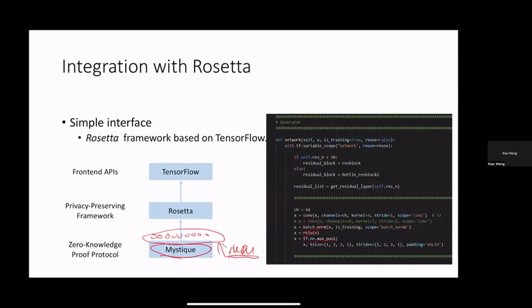Once we expose the operators that allow the cryptographic operations, then Rosetta can take the neural net, dynamically parse all these functions, and call the appropriate interface in the cryptographic backend. That's how we allow a very friendly construction of the neural net without worrying too much about the underlying cryptographic backend. And it's also very easy to tune for different types of neural nets.